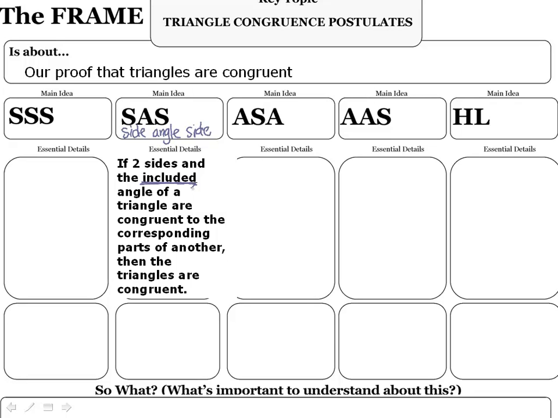Included means the angle that both of the sides touch. So if I have 2 triangles like this, and I know that these 2 sides are congruent and these 2 sides are congruent, I would need to know that this angle in between the congruent sides is also congruent. So that's an example of triangles that are congruent by side, angle, side.